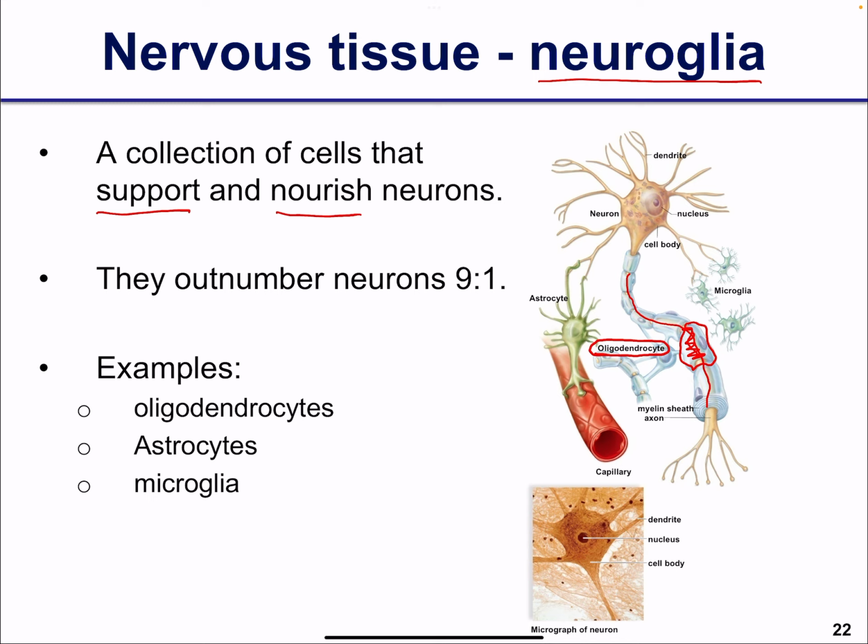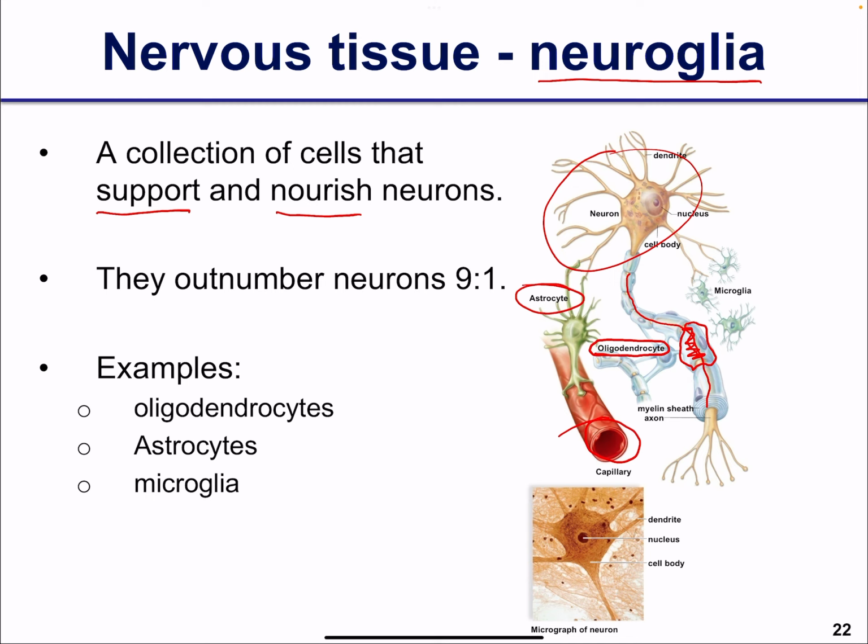Two, we are going to have the astrocytes. The astrocytes serve as a bridge between the blood vessel, the blood capillary, and the neuron here.